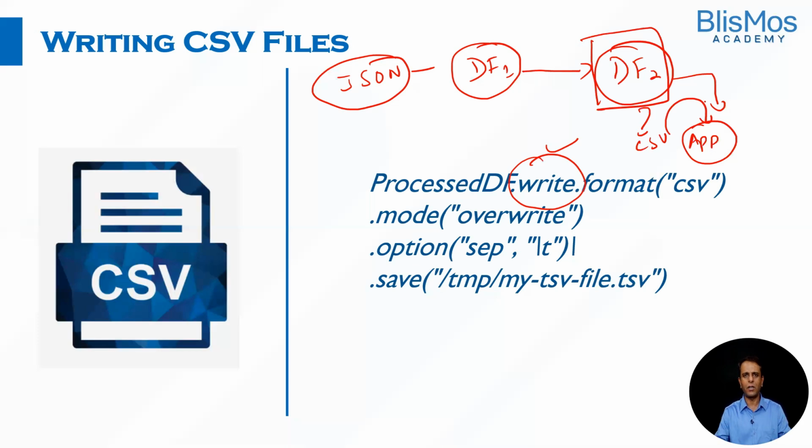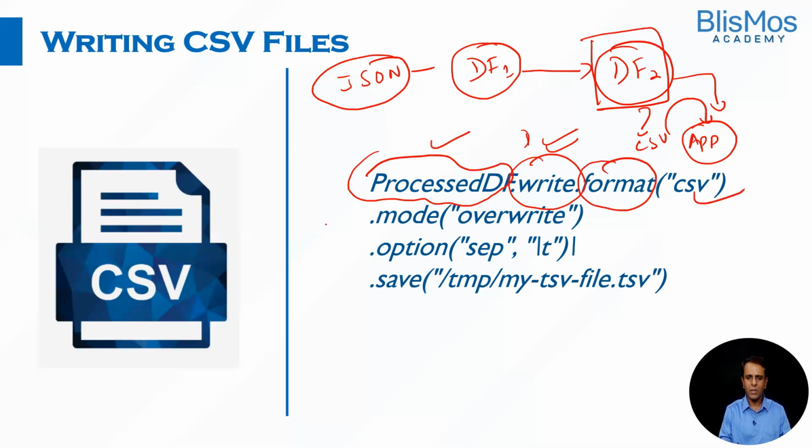So let us look at the different options here. You've got to provide the DataFrame name. This is the processed DataFrame. Then the DataFrameWriter. Then provide the format into which you want to write.